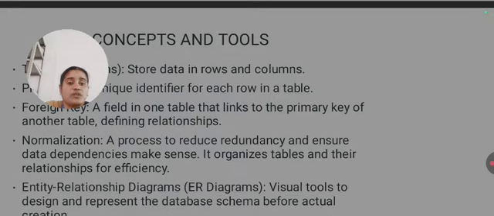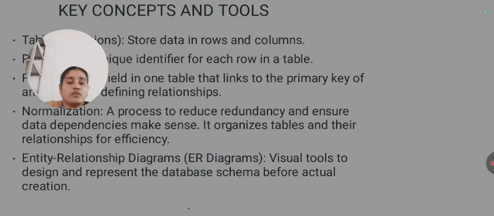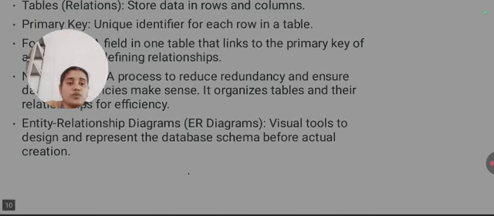Next one is normalization. Normalization is a process to reduce redundancy and ensure data dependencies make sense. It organizes tables and their relationships for efficiency. Last one is entity relationship diagrams, which is ER diagrams. Visual tools to design and represent the database schema before actual creation.